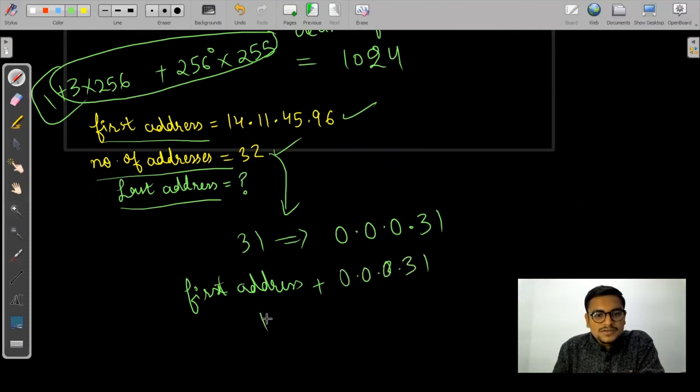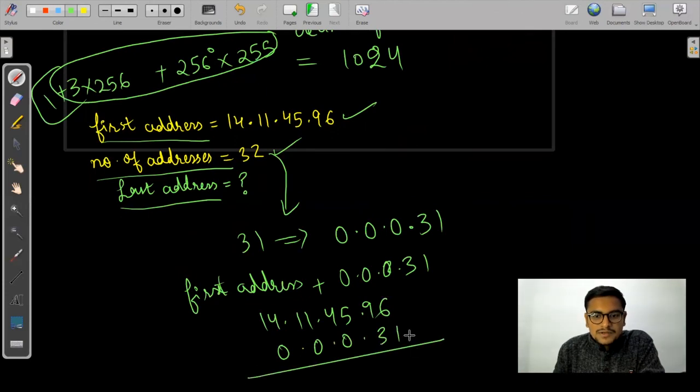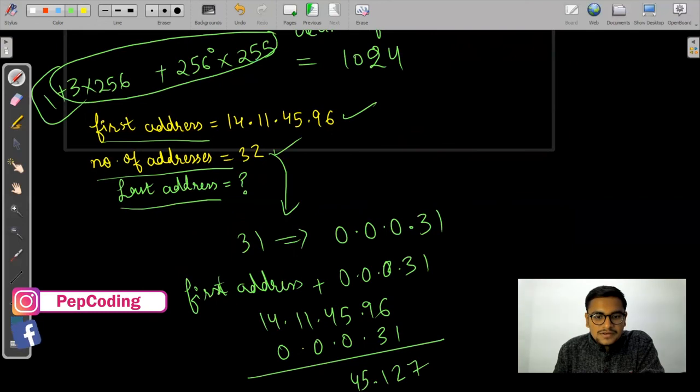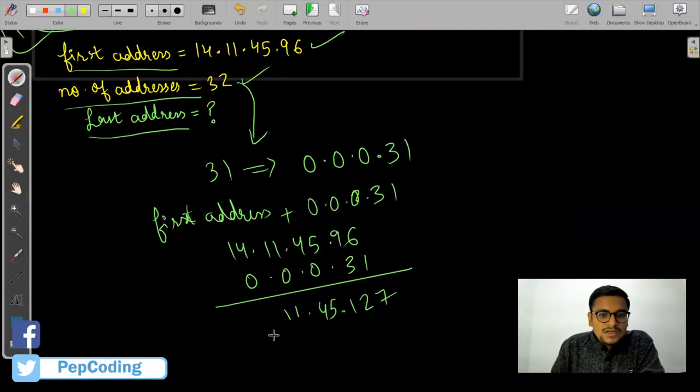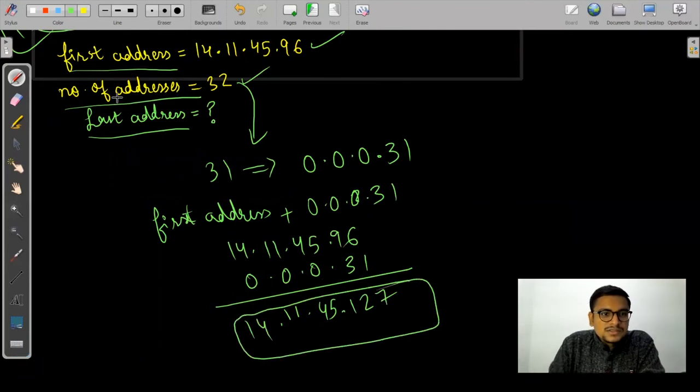So the first address is 14.11.45.96, and this is 0.0.0.31, and it will become 14.11.45.127. So this will be my last address.